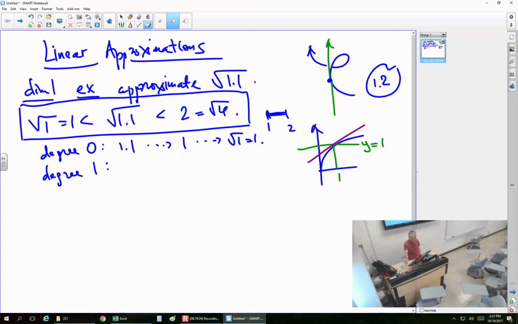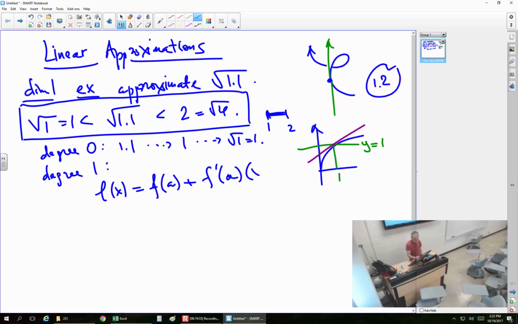So what do we do? We use that theorem about linear approximation of one variable from Calculus 1 or 2, and then we will proceed to two variables. The linear approximation is L of x equals f of a plus f prime of a times x minus a.